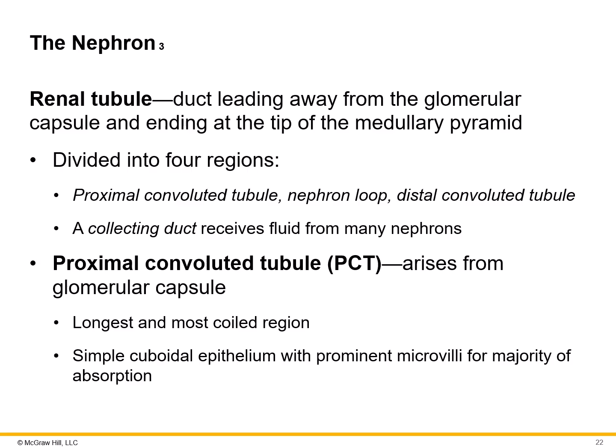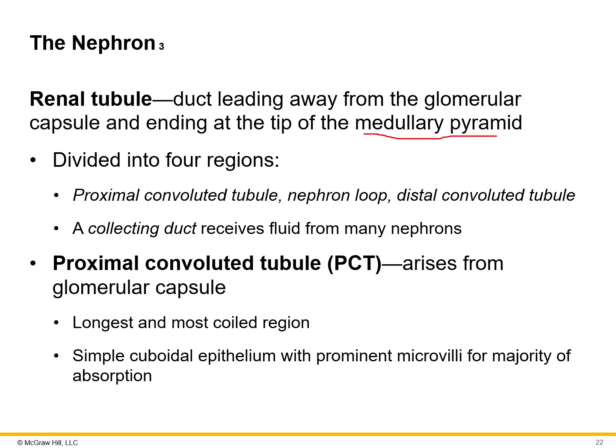The second part of our nephron is called the renal tubule. Literally just a series of tubes leading away from that glomerular capsule, and it's going to end right at the tip of the medullary pyramid, right at that papilla.